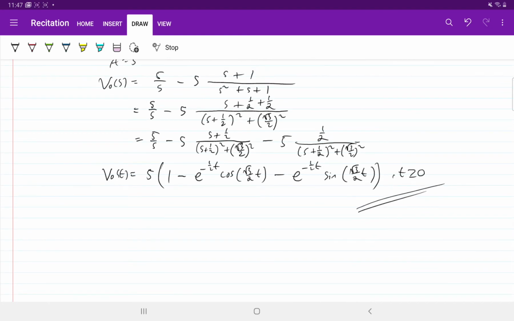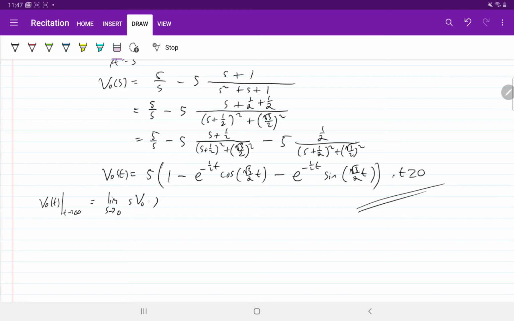To check the final value, we can also use the final value theorem. So V0 at t equals infinity is the limit as s goes to 0 of s times V0 of s.